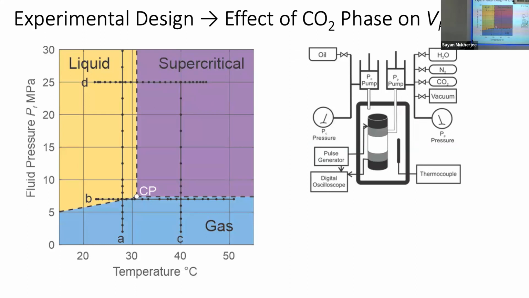We're trying to keep the pore space constant because we wanted to focus on what the fluids were doing to the material, not what the rock was doing under pressure. So everything is basically measured at the same effective confining pressure, the difference between the confining pressure and the pore pressure. So keep that in mind. When I show you changes of pressure, that's going to mean changes on the CO2.